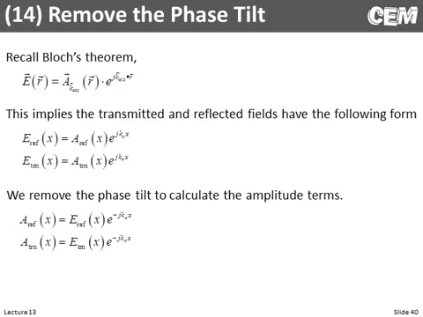Now once we have these, we're going to need to remove any phase tilt if we've incorporated any kind of angle of incidence. Remember, we're going to take an FFT of the field because it's periodic, to calculate the amplitudes of the spatial harmonics. However, it's really not the field that is periodic in that regard, it's the amplitude portion of the wave. So our total electric field is not necessarily periodic. It's only going to be perfectly periodic at normal incidence.